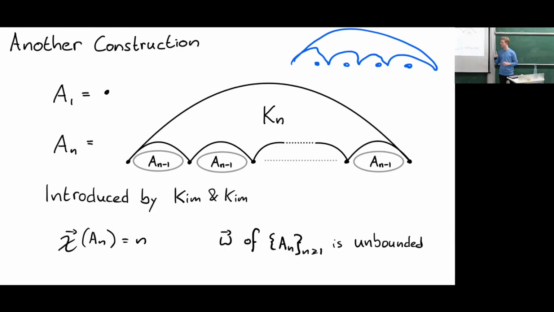And so again, by substitution, we get that the class A_n is dichi-bounded, and because it has unbounded dichromatic number, it must have unbounded diclique number. Okay, so we now have these two families that have arbitrarily large diclique number.